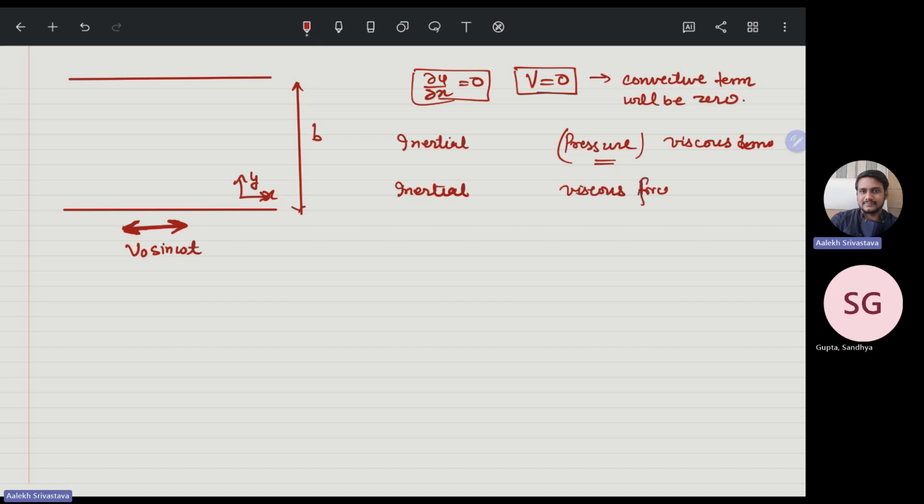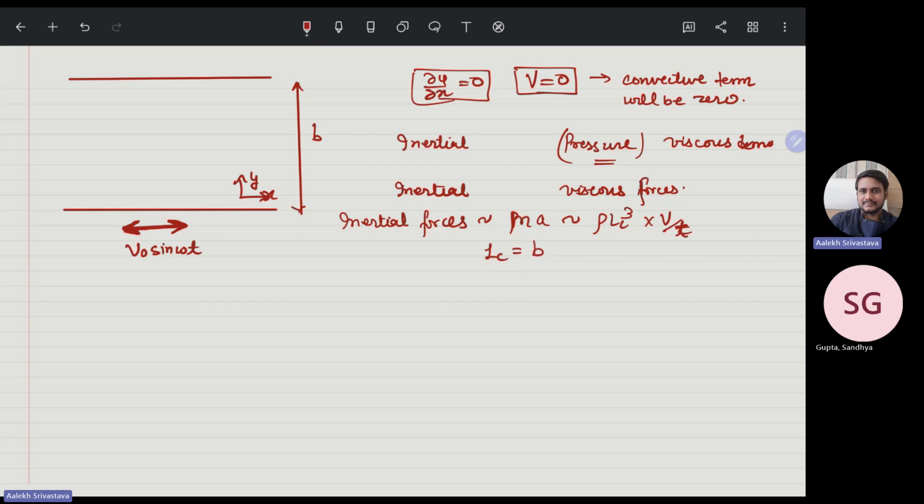So only two forces remain, inertial and viscous forces. Last time I told you how to write inertial forces in order of magnitude. Inertial force is mass into acceleration, or rho LC cube into acceleration, which is v by tau or v by t. So that is rho LC cube into v, where v is v0 because the highest magnitude can be v0.